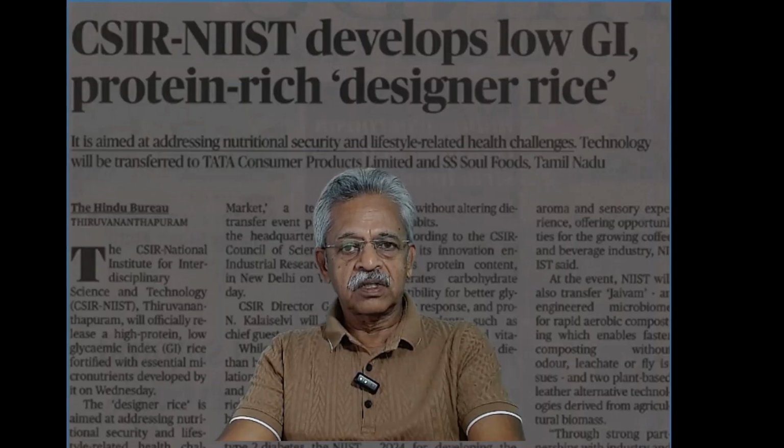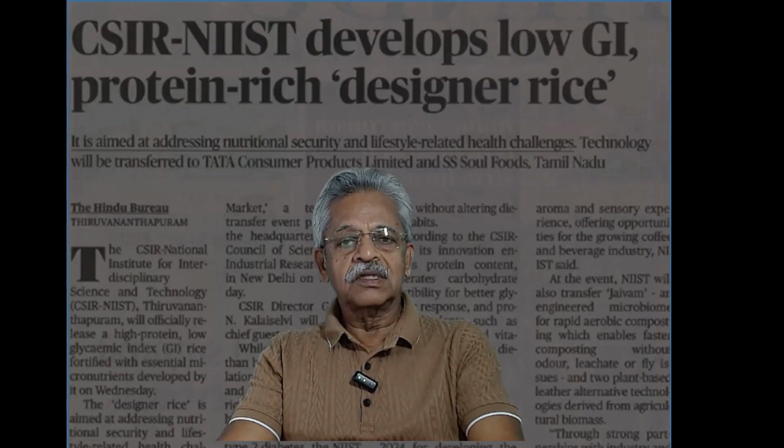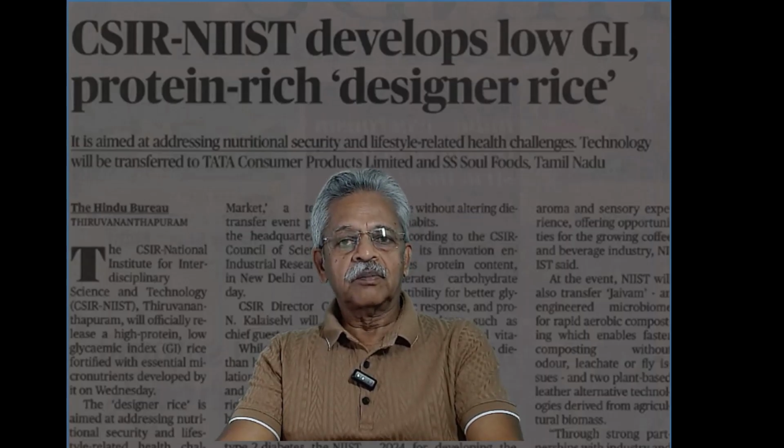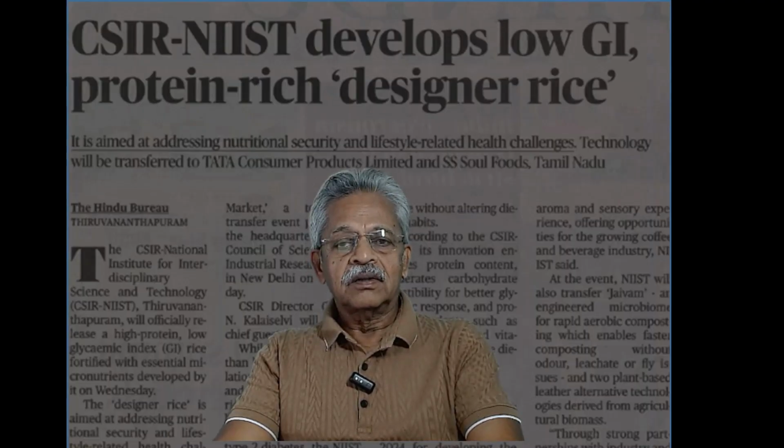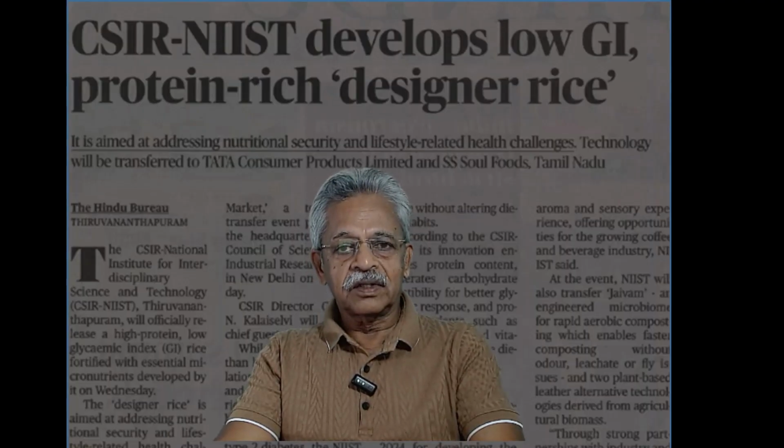One important point is this is not genetically modified rice. Genetically modified or biomodified rice, you take a rice and alter the genes, the DNA, etc., and you cultivate that.